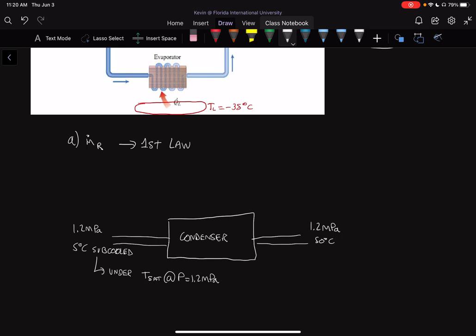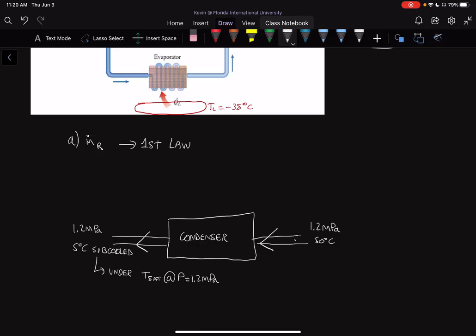In a question in the exam, I wouldn't give you that term. I would just tell you it's 41 degrees or it's 5 degrees under the temperature of saturation. So I would give you the actual name of the temperature or a more clear explanation as to what's happening. So we have some R134A coming in and coming out.